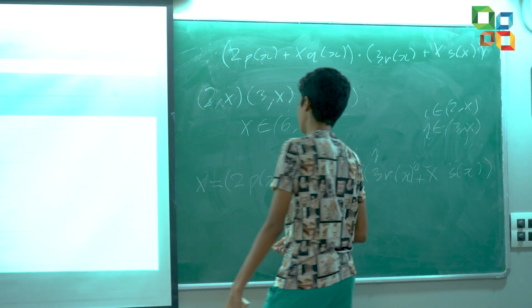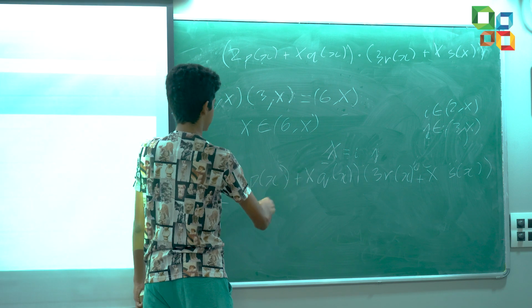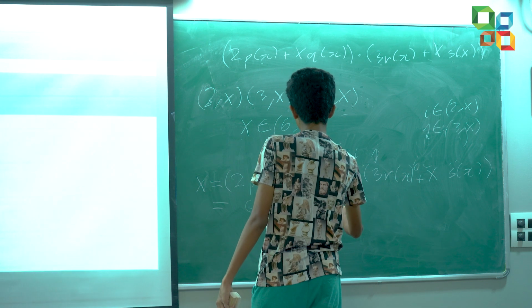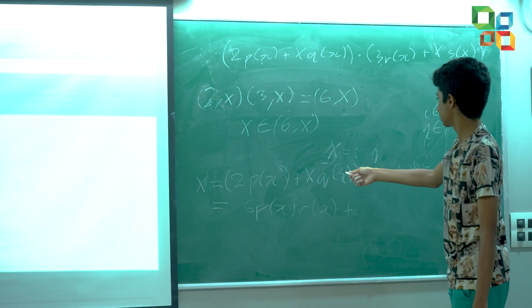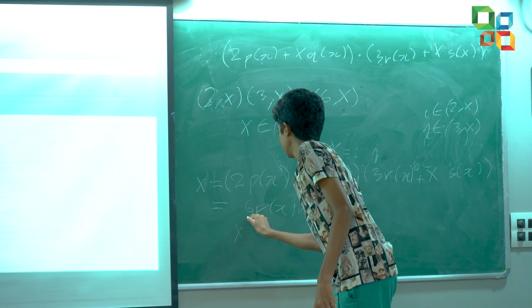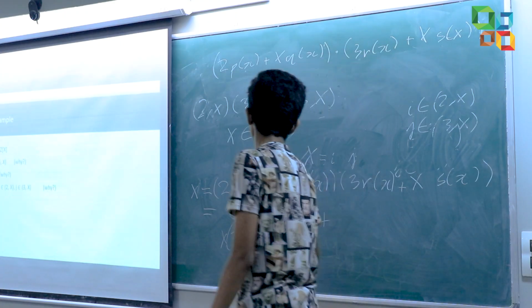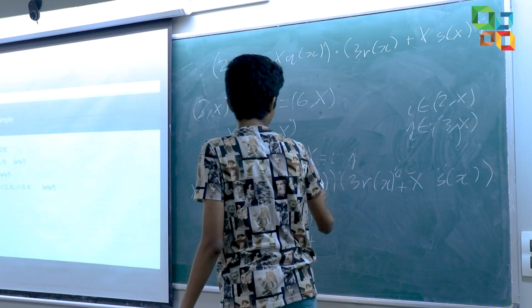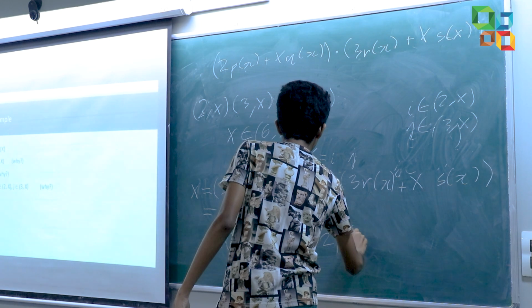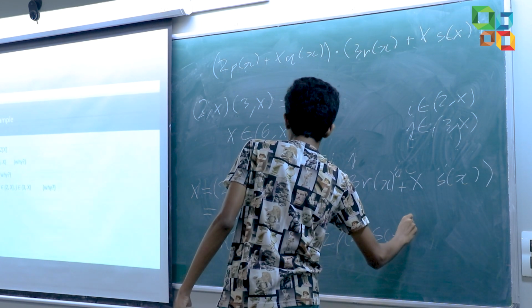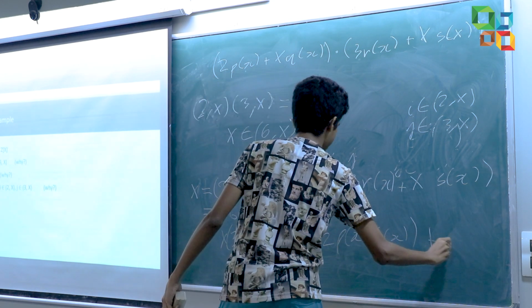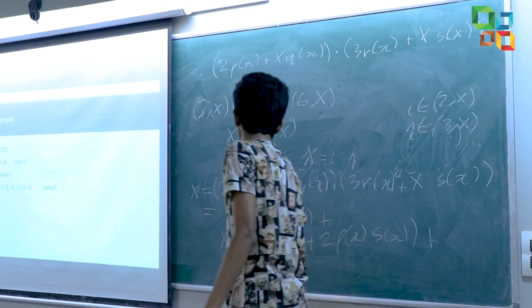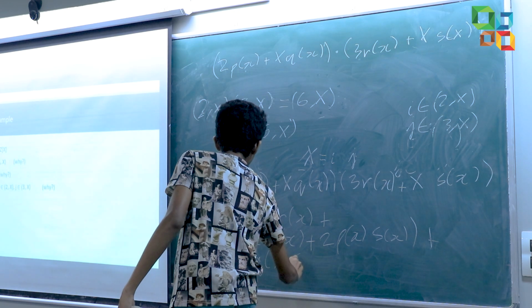Okay, you multiply everything out, what you will get is 6 p of x r of x plus x into 3 q of x r of x, plus x into 2 p of x s of x, plus x squared into q of x s of x.